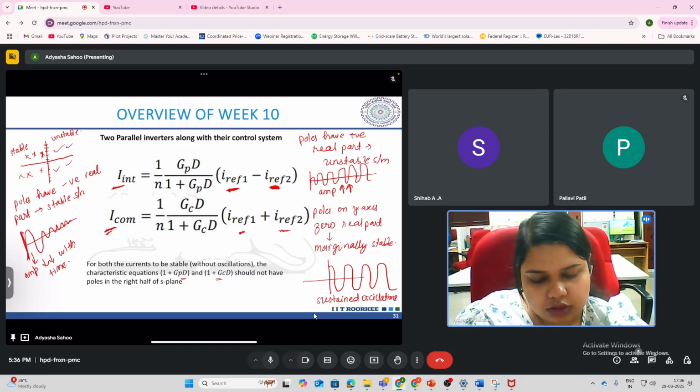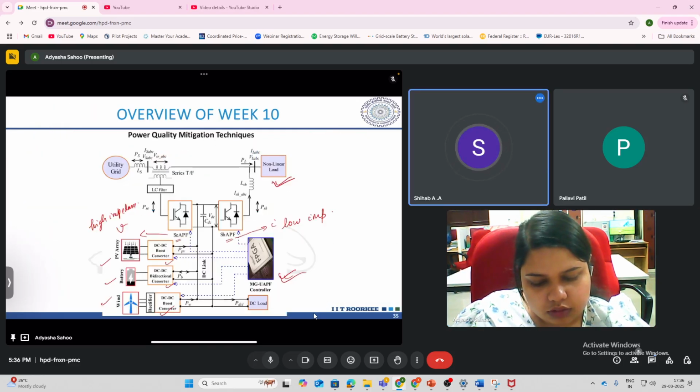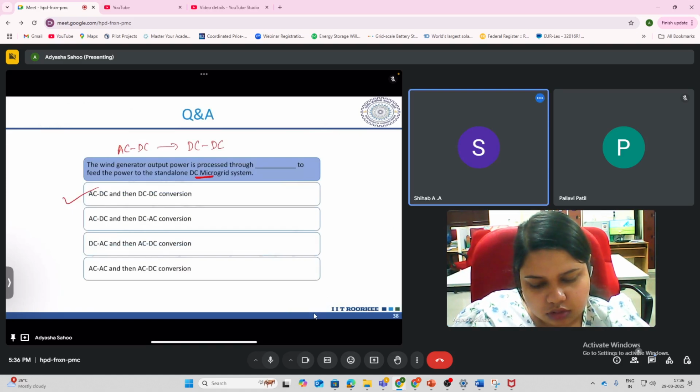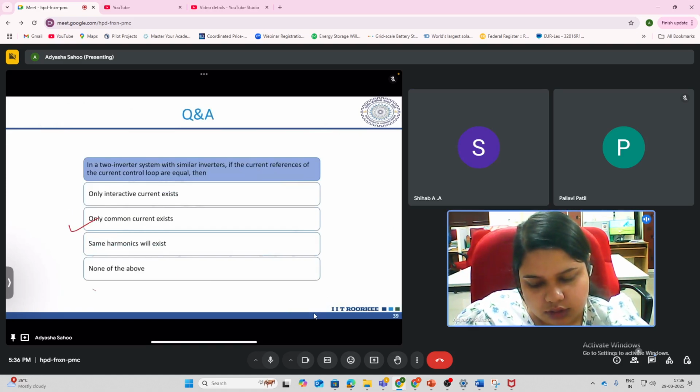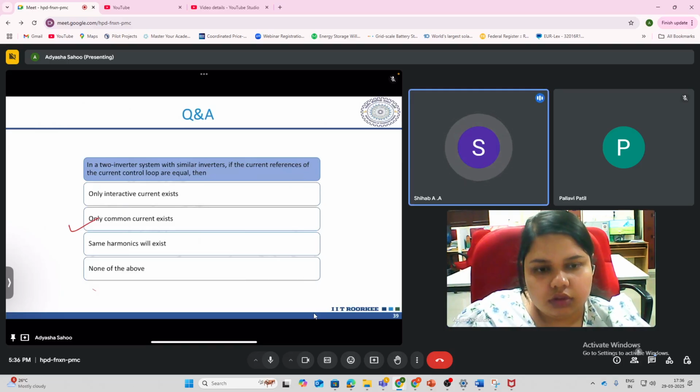It will be zero because these are equal, and only the common current will exist.